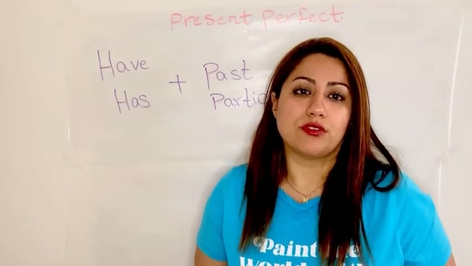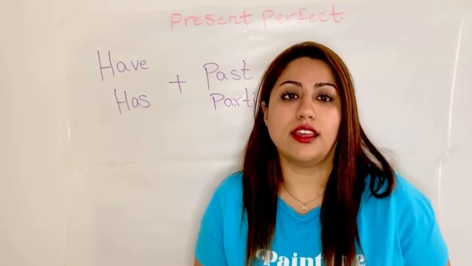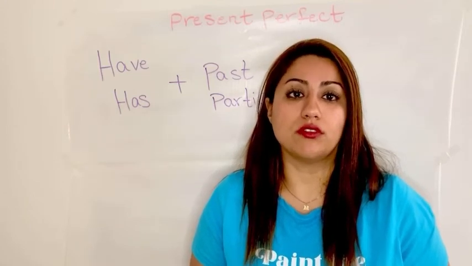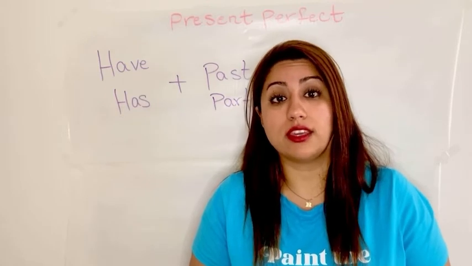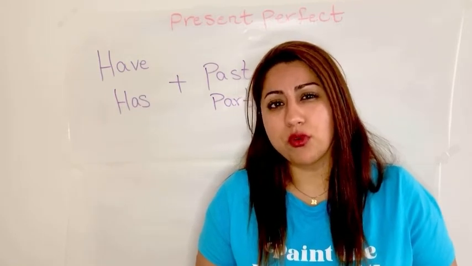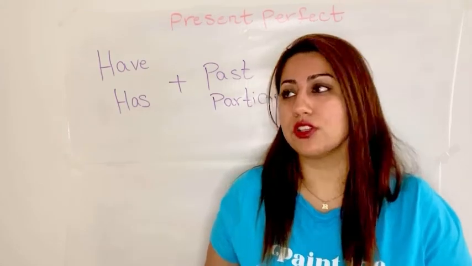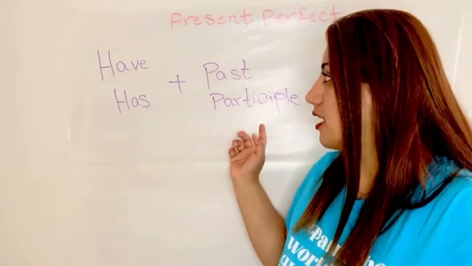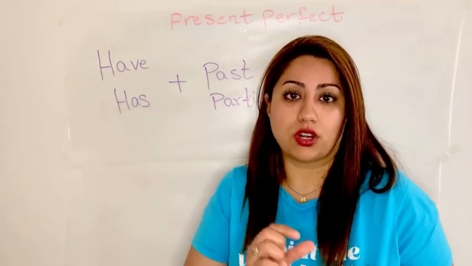For present perfect, first we have to know what tense it is, and what time it is referring to, of the day, year, week, and how to make it. The first important part about present perfect is the past participle part. As the formula says, we have two parts.